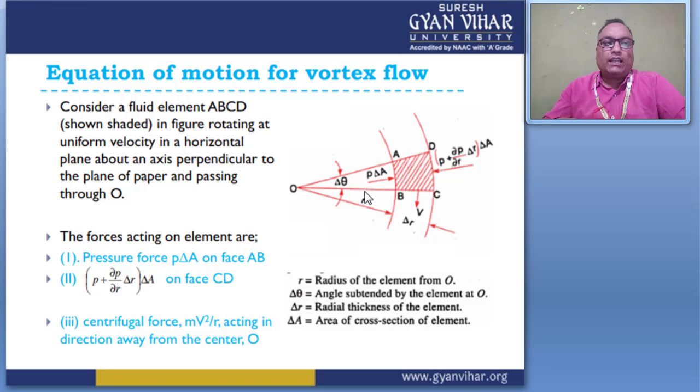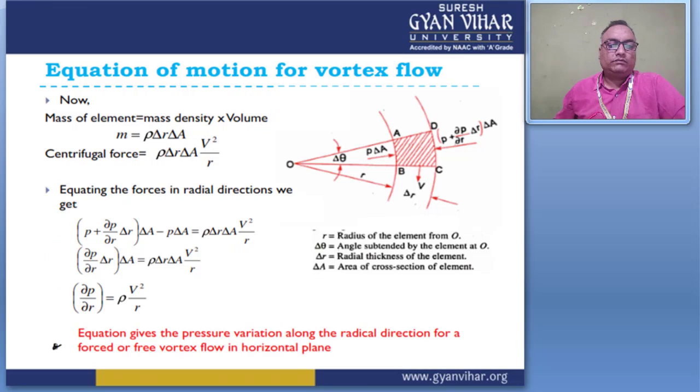And then, in the first case, there is the pressure force P into delta A on face AB, and P plus del P by del R into delta R, delta A on face CD, and centrifugal force mv square divided by R acting in the direction away from the center O. Now we consider the mass of the element, which is equal to mass density into volume.